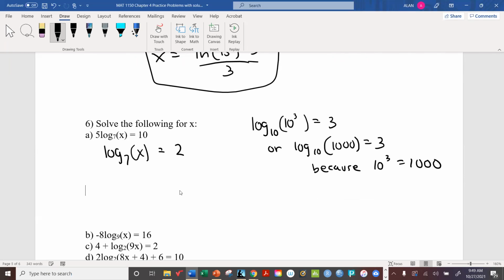So with that over there, you can see that this is equivalent to saying that 7 squared is x, or 49 is x.